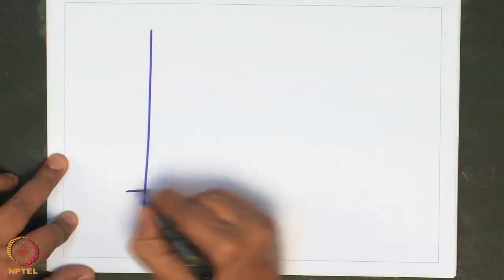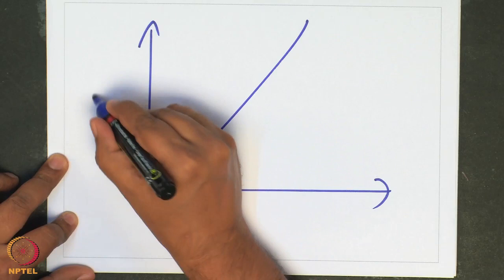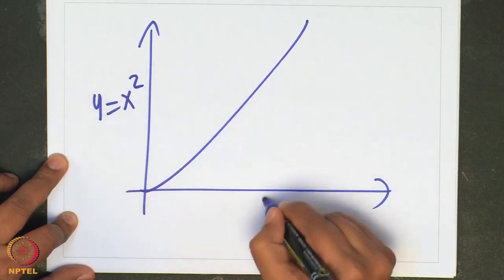This is something that you would want to try for some other locations. For example, you had this function y is equal to x square and this is x.